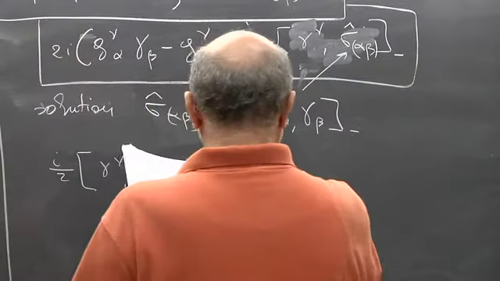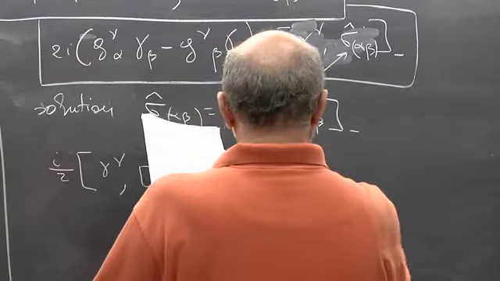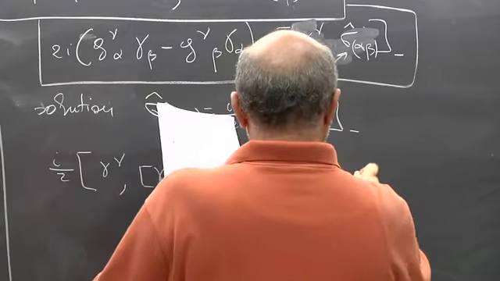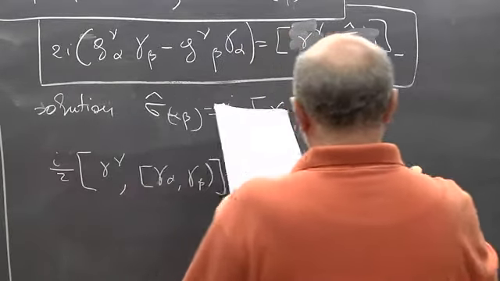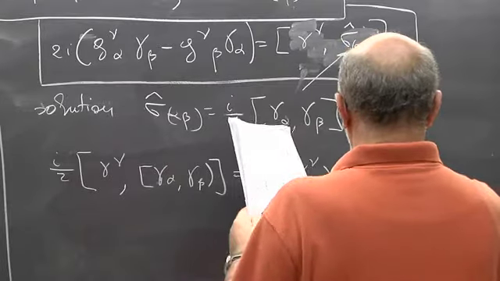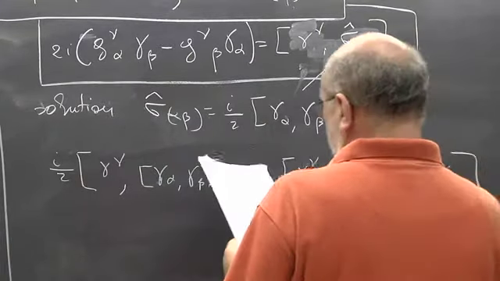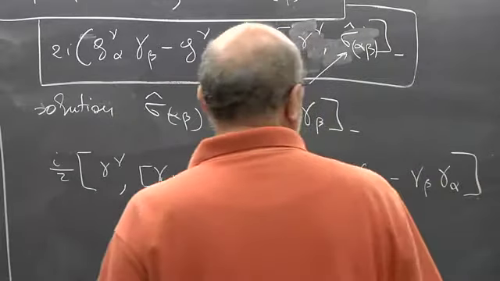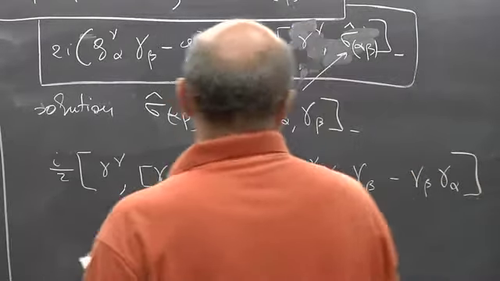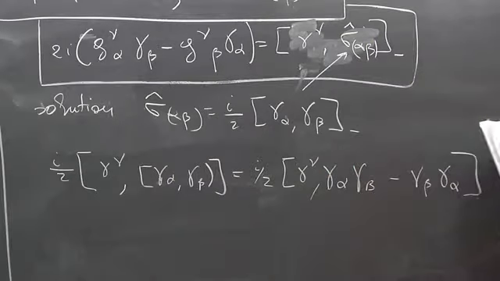I have i over 2 gamma nu, gamma alpha gamma beta minus gamma beta gamma alpha. This is the commutator. Now I have to remember, of course, the well-known fact that the gamma alpha, gamma beta have the following anti-commutation rule.